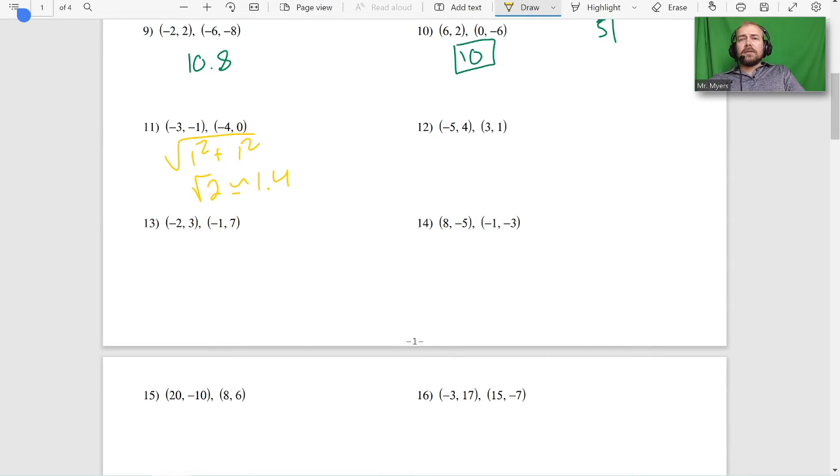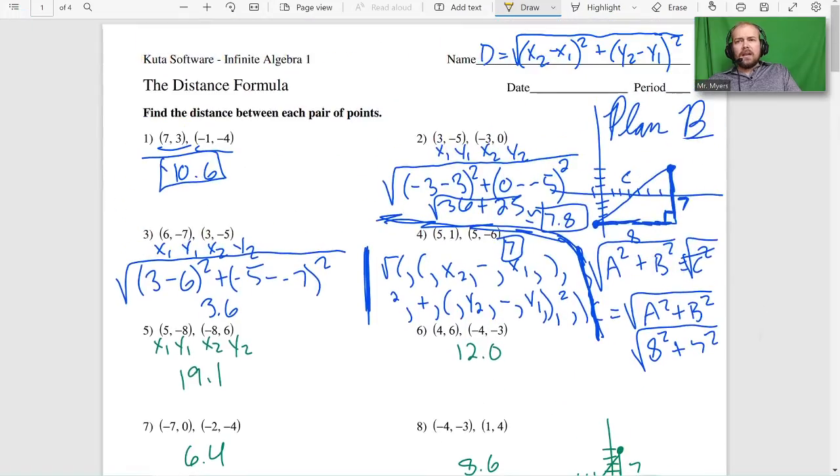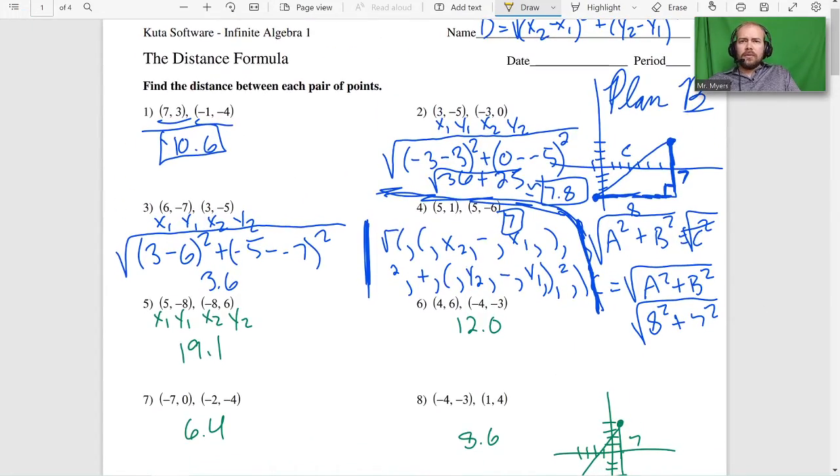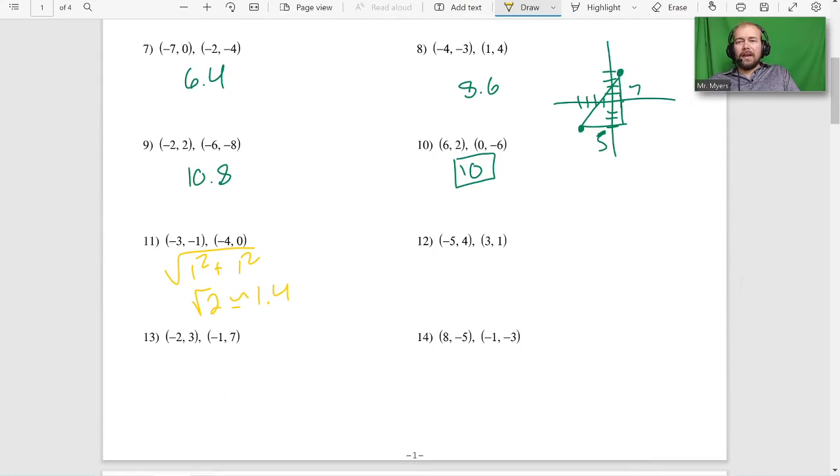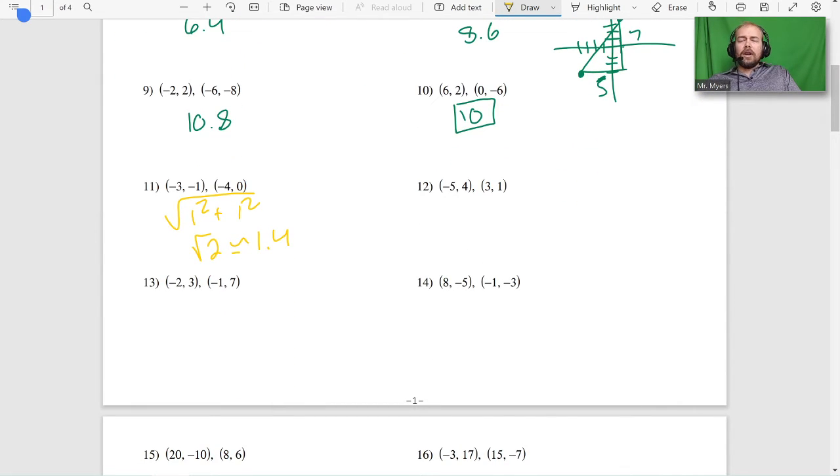The other thing is that it didn't say to round, which sometimes means they don't want you to round. Sometimes that means they want you to keep it as a simplified radical. So square root of 2 would be the answer then if they wanted that. I haven't been doing that lately, so let's go ahead and do it that way as well.